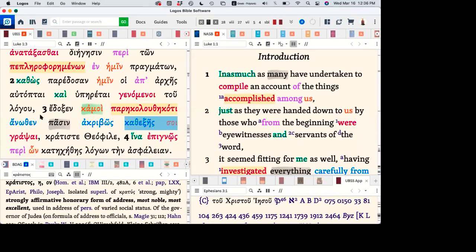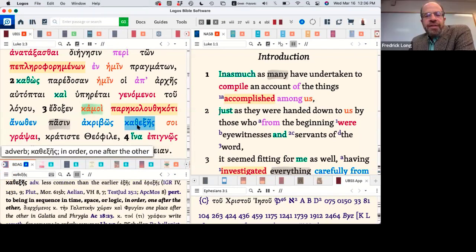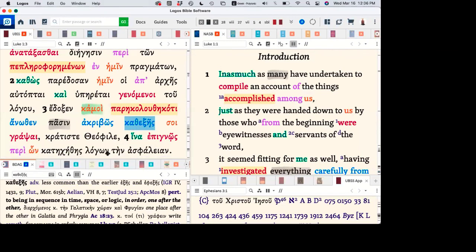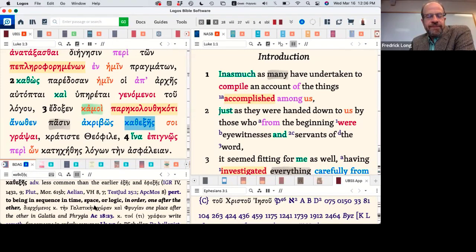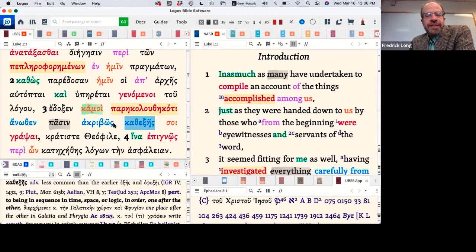Assuming, and maybe I'm reading too much into it, but just wondering about the interplay between those adverbs, even though they're not modifying the same verb.